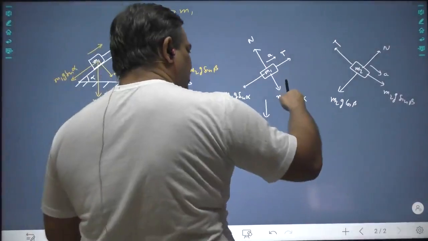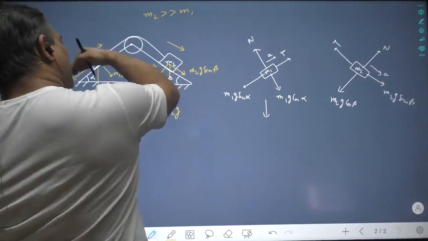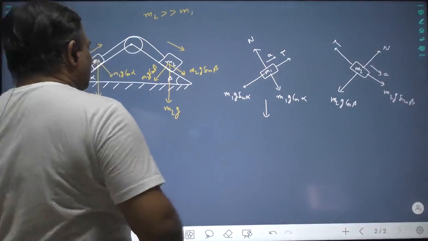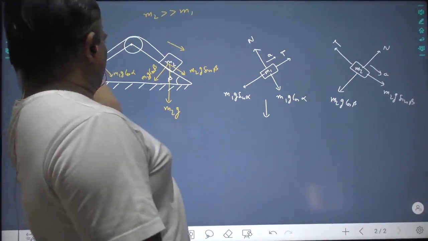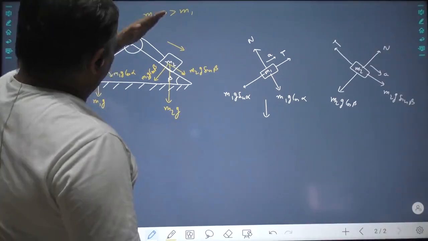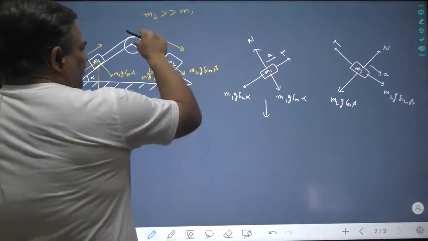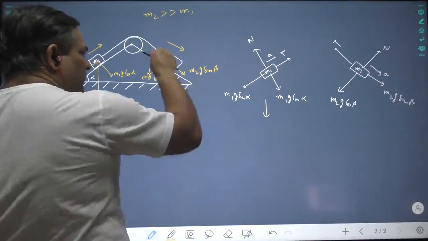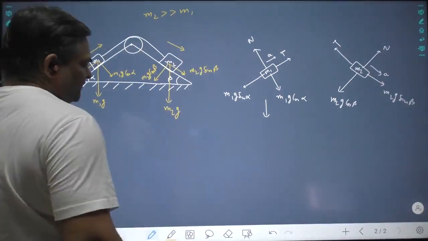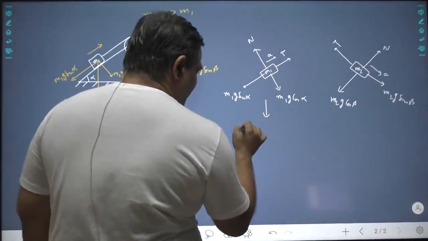So no motion along this, motion only along the plane. So one along the plane, perpendicular to the plane. This body is moving on this plane, so one force is along the plane, another perpendicular to the plane. Nothing is moving perpendicular to the plane. So these must be balanced.